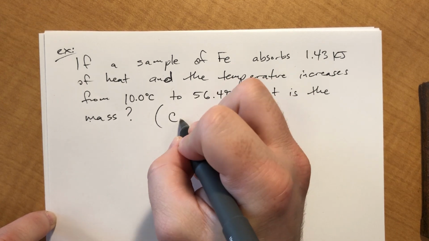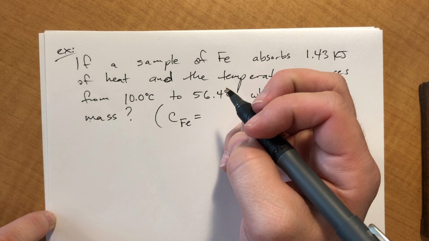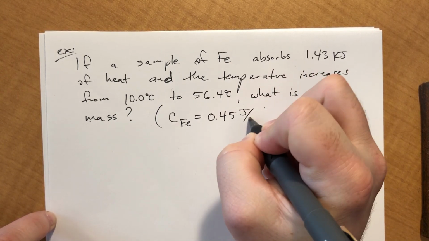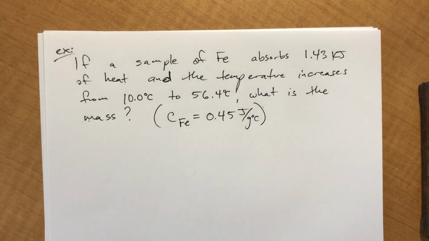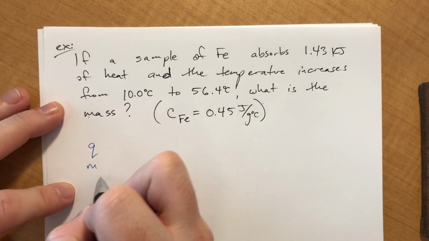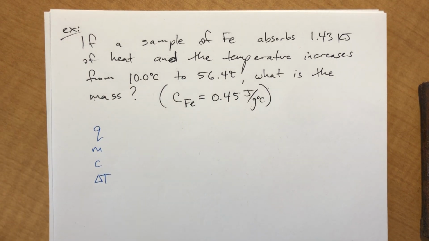We need the specific heat of iron, which is 0.45 joules per gram degree Celsius. Okay, so we need to do the same inventory thing, Q, M, C, and delta T, and see what we're solving for.